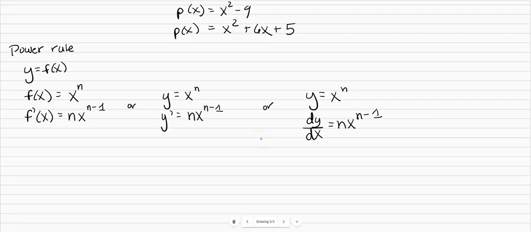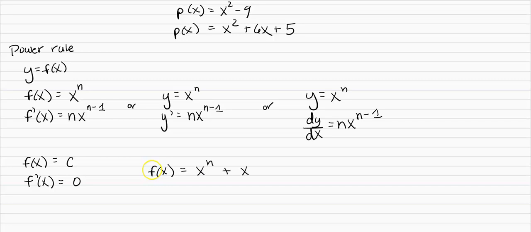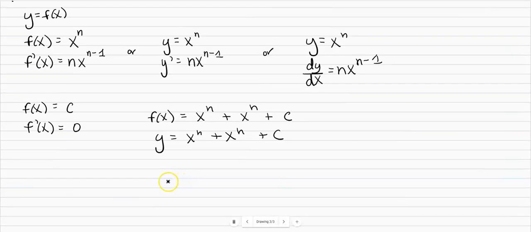Also, keep in mind that if you have a function, f of x is equal to just a constant number, f prime of x is just 0. Also, if you have a function with multiple terms, say I wrote it like y is equal to x to the n plus x to the m plus c, different terms.